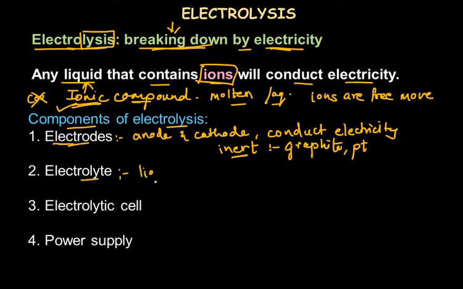Now electrolyte. Electrolyte is a liquid which conducts electricity. Here we are taking an ionic compound in aqueous or molten form as an electrolyte. That's the only thing which we are allowed to use as an electrolyte. Now what is an electrolytic cell?